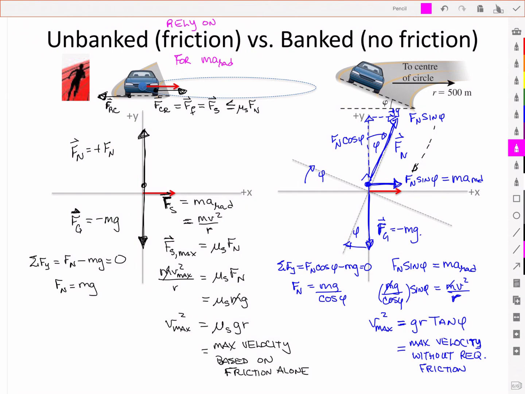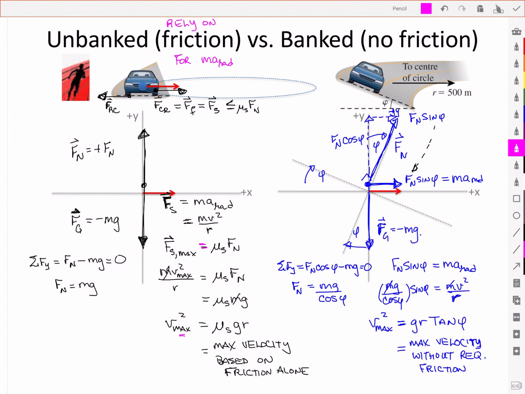Static friction will reach its maximum given by mu s Fn, and that then tells us the maximum speed for which we could still maintain this radius r given a coefficient of static friction for those two surfaces. And the coefficient will change depending upon the surface conditions, whether it's an icy road or a wet road, a slippery road.